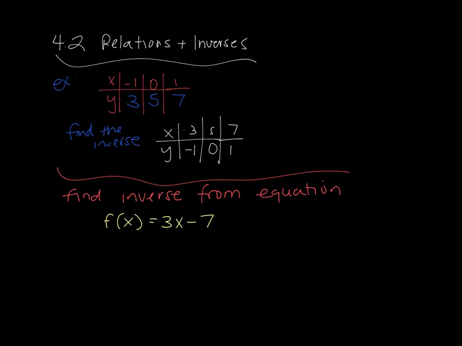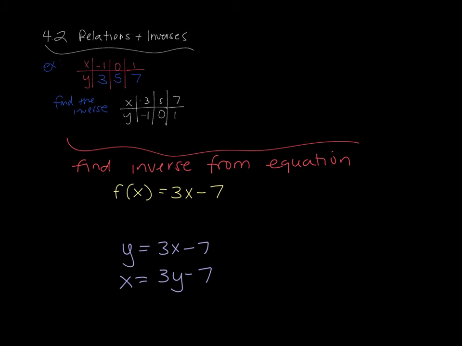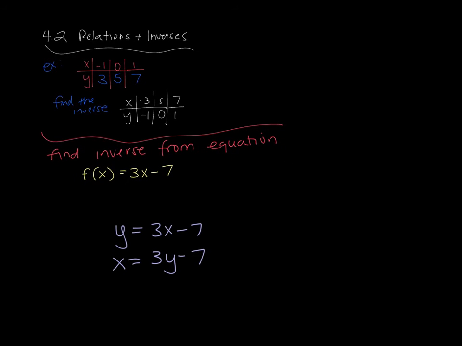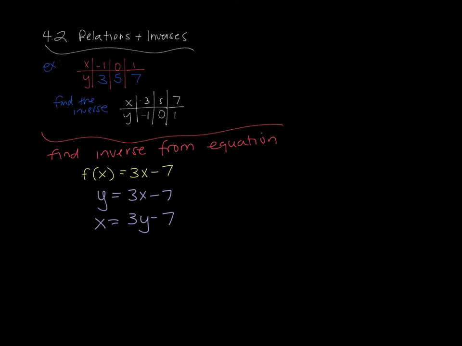What do I do with that f of x? What's the same thing as f of x? y. So I make that y. And then to find the inverse, switch the x and the y. So this becomes x equals 3y minus 7. And then solve for your new y. How you solve is different because it depends on what kind of equation it is. This time I just have to add the 7, so x plus 7 would equal 3y, and then divide by 3.